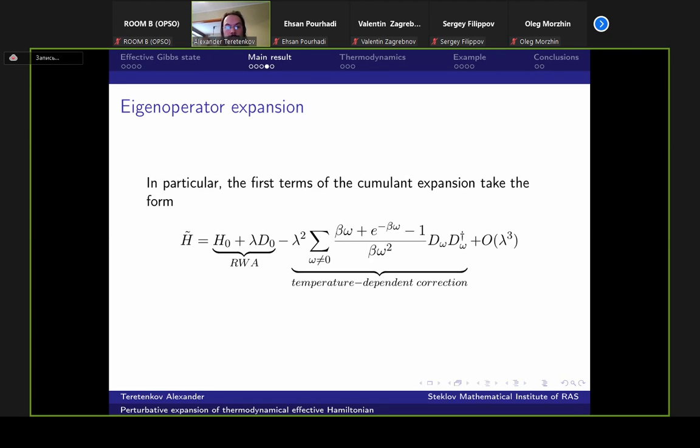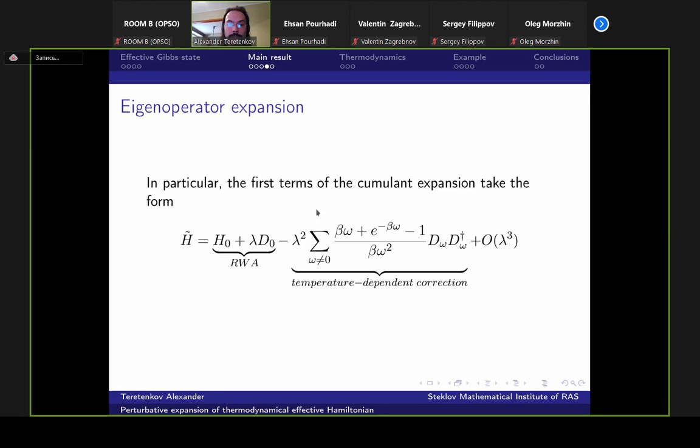Now let us consider just the first terms. The zero order and first order terms are nothing else but the rotating wave approximation, and it is the reason why I call it effective Hamiltonian, because effective Hamiltonian usually is called something when we have some corrections to rotating wave approximation in many different setups, usually in some dynamical setups, but here we have some equilibrium setup.